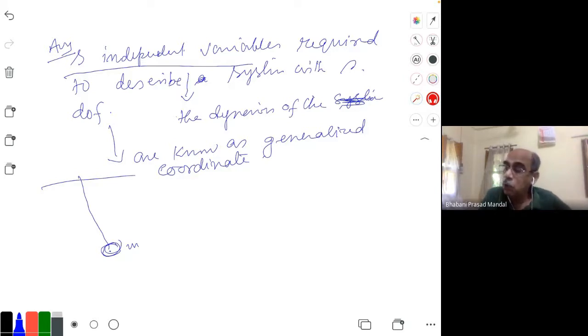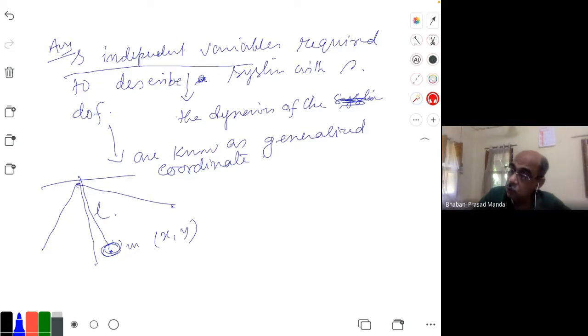Suppose the motion is in the xy plane, but with a fixed length L. So there is a constraint that this point and this point are always at a fixed distance. When it is vertical, it will be deeper. When it is like this, this mass will rise, but this length will be fixed. So the constraint is that the length will be fixed.